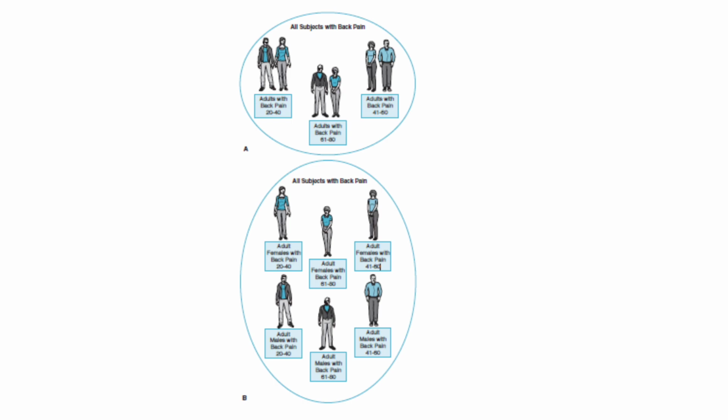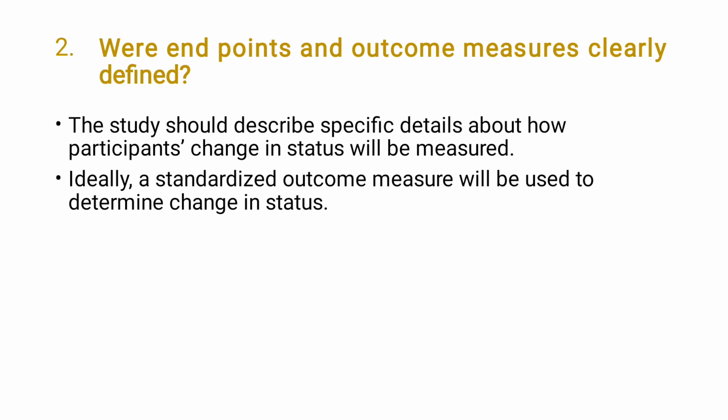In this scenario we have taken adults, male and female both genders included in the first circle, while in the second circle there will be female adults with back pain aged 20 to 40, 41 to 60 and 61 to 80, and then males. They are clearly defined: which participants are included in our study, with age and proper clearly defined inclusion criteria.